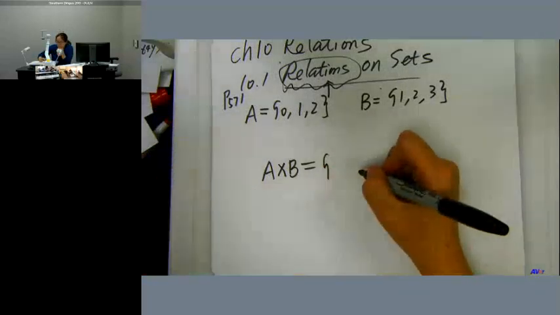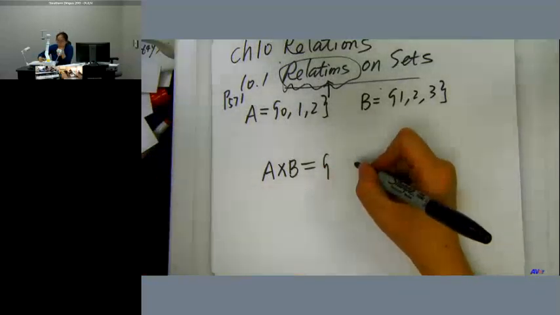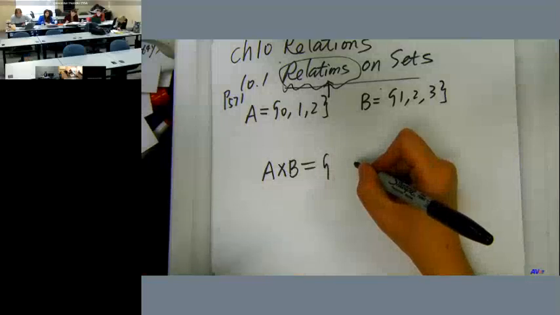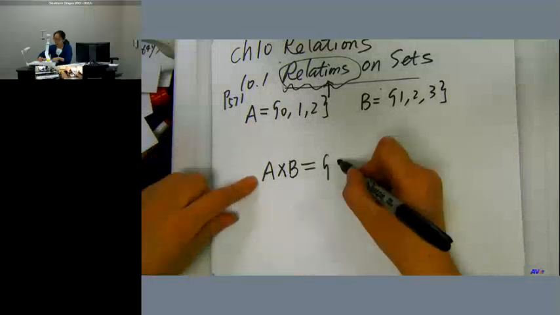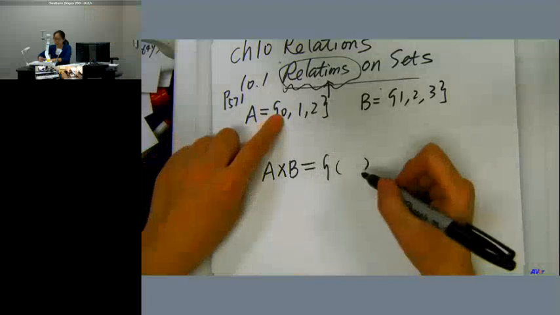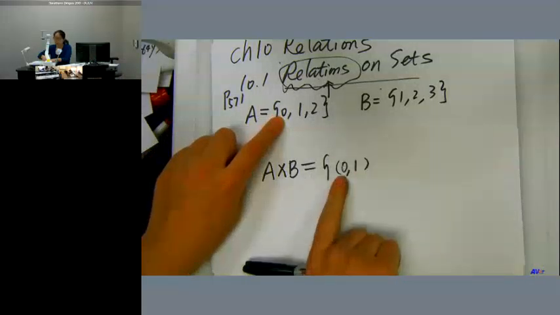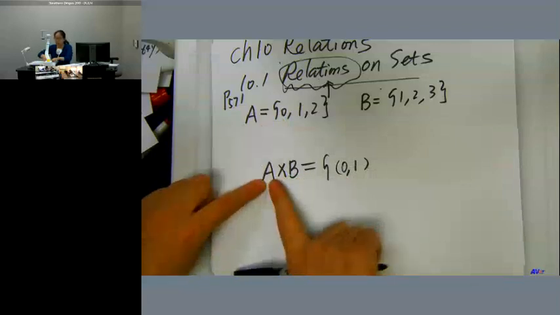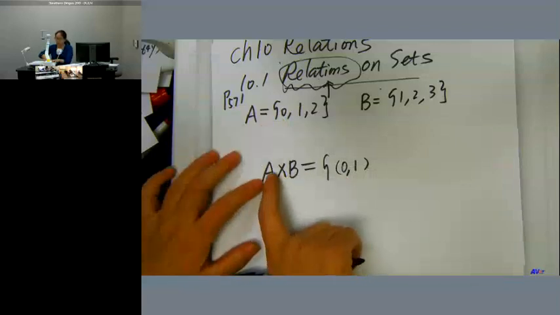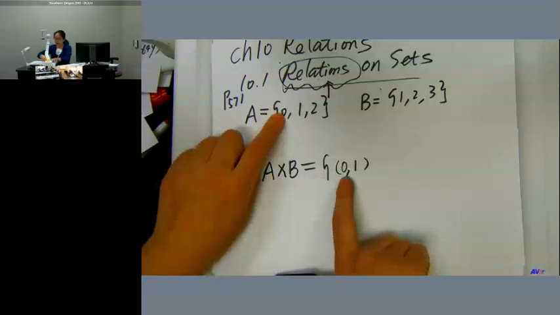You're going to form points. The first component, what you can call the x coordinate, comes from A. The order does matter here. If they put A first, you have to start with A first.